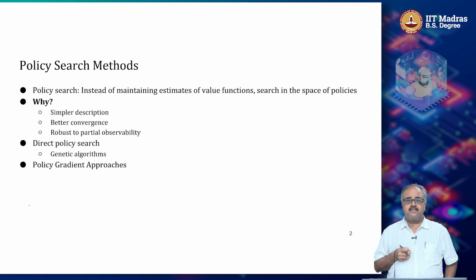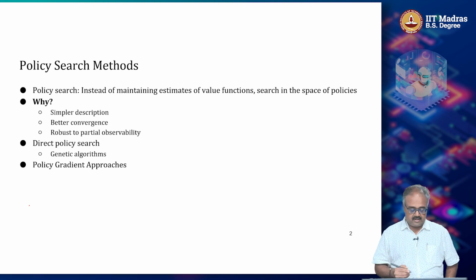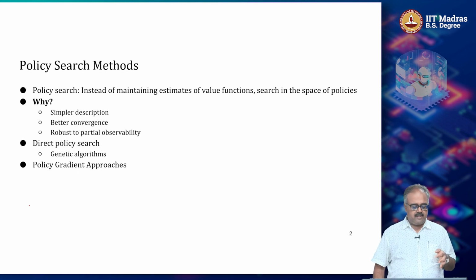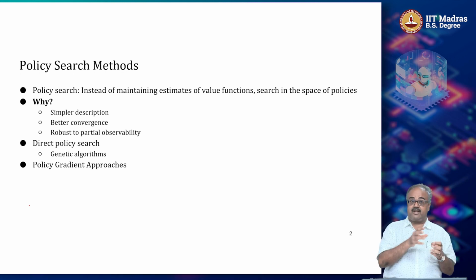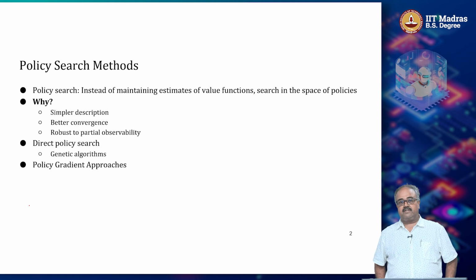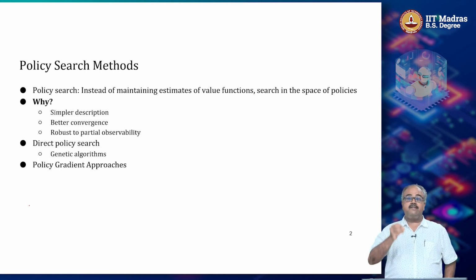The policy gradient algorithms fall into a larger class of algorithms called policy search methods. In policy search methods, instead of maintaining a value function and then having the policy defined implicitly as epsilon greedy or softmax on that value function, we will basically define the policy directly.